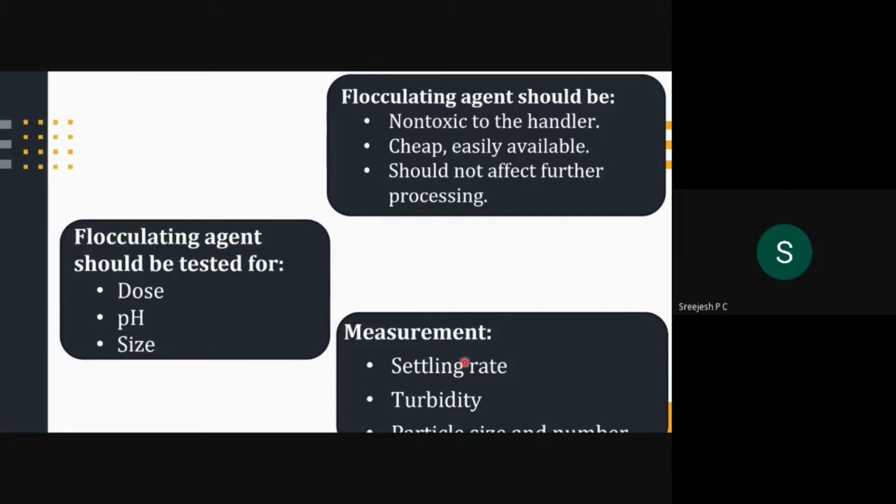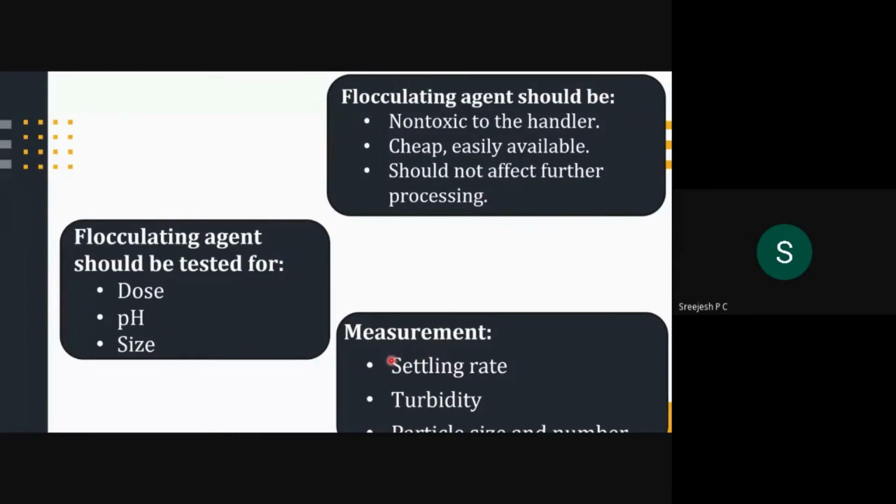Now, how are we going to measure the formation of flocculation? In the laboratory, the jar experiment is a common experiment that we do to measure the flocculation. And to quantify the jar experiment, there are n number of methods. One is the settling rate. You can find out the settling rate of the macroflocs.